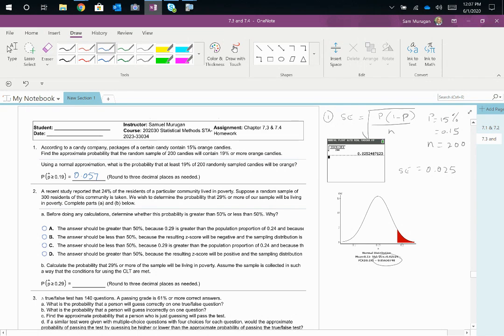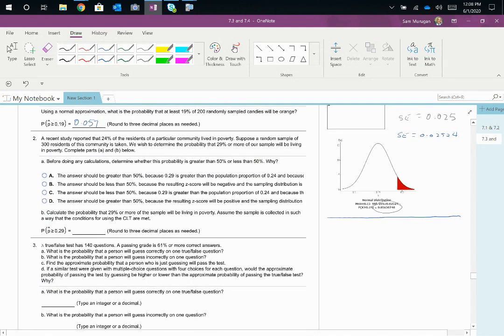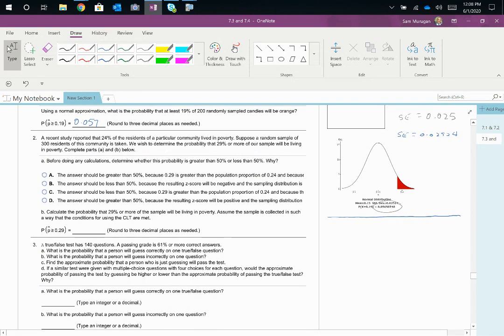Okay, greater than 0.19, 0.057. That's because I used the standard error to 4 decimal places, 0.02524. Okay, I put 5 decimal places, so I got a really accurate answer. All right, moving right along.